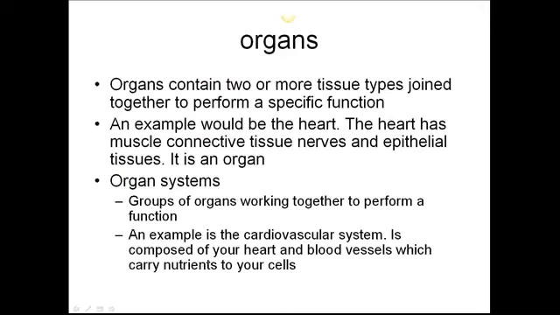Okay? Moving on to organs. Organs contain two or more tissue types joined together to perform a specific function. An example would be the heart. The heart obviously has muscle, but it also has blood vessels. You know, those cardiac arteries that get blocked and you get a heart attack.